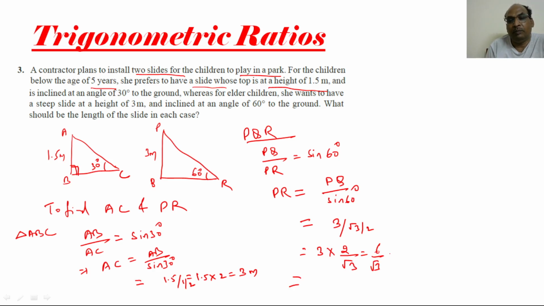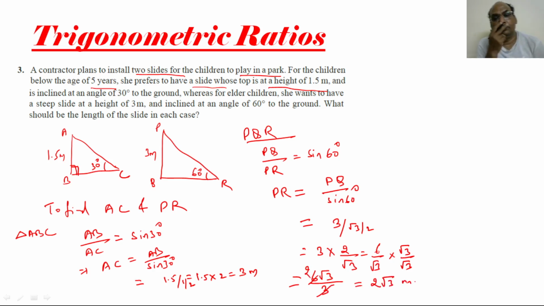So we will multiply numerator and denominator with root 3, so that in the denominator root 3 will get multiplied and become 3. So 6 root 3 divided by 3, it will cancel, and this will be equal to 2 root 3 meter. Okay, so 2 root 3 meter.